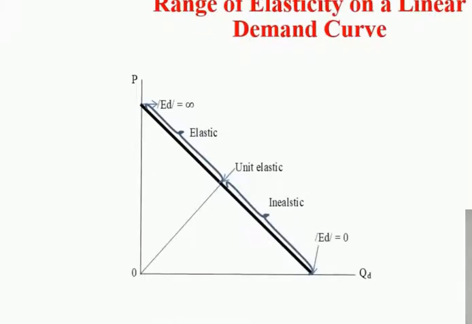Now let's see the range of elasticity of demand on a linear demand curve. This line divides the x and y axes into two. At the midpoint, demand is unit elastic, that means the price elasticity of demand is 1.